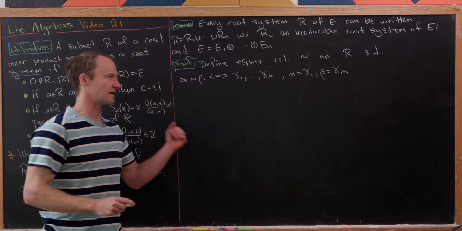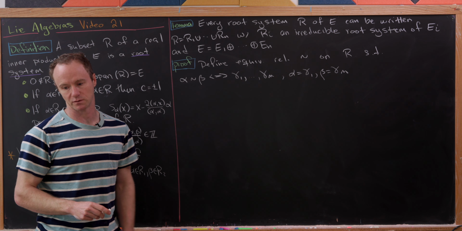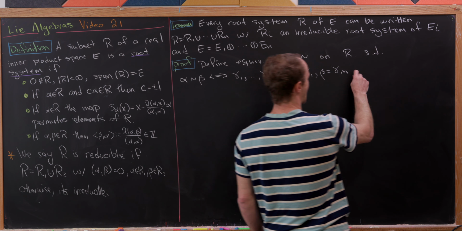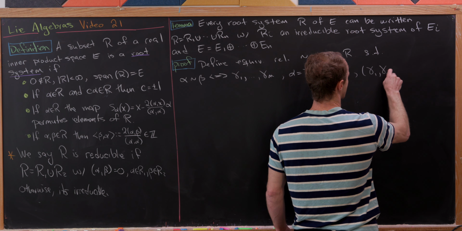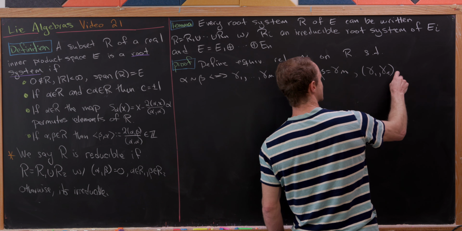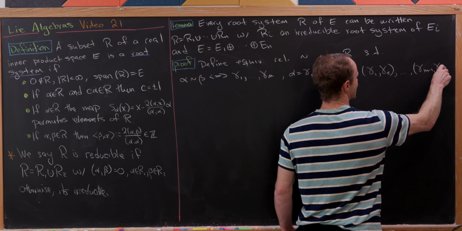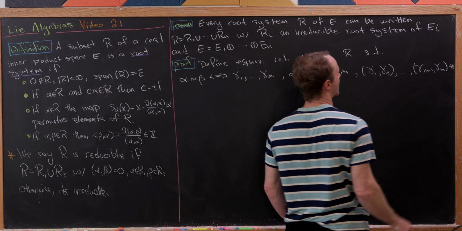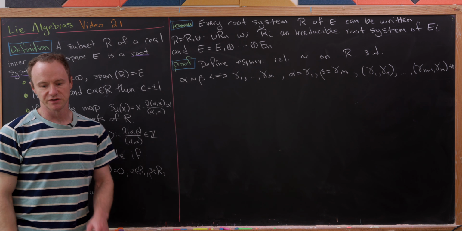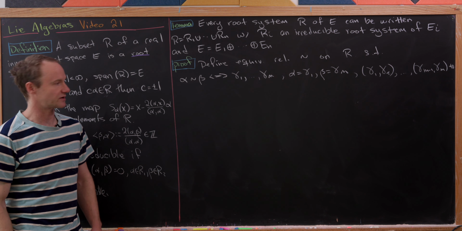In other words, we've got a first one and a last one. And then all of these inner products, gamma 1 with gamma 2, gamma 2 with gamma 3, all the way up to gamma m minus 1 with gamma m, are all non-zero. So that's our equivalence relation.